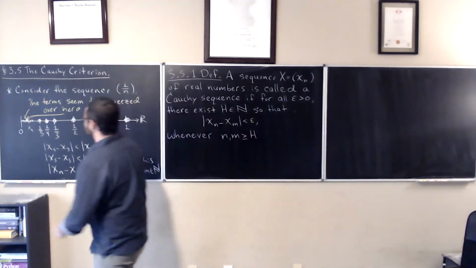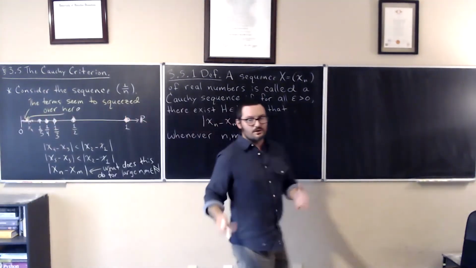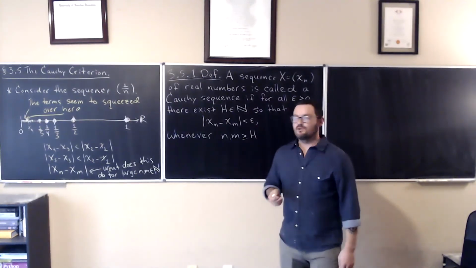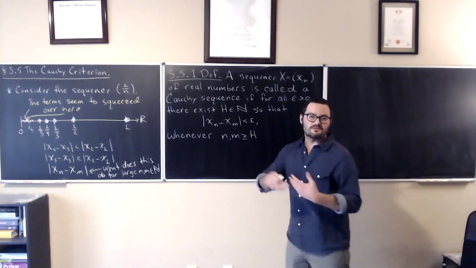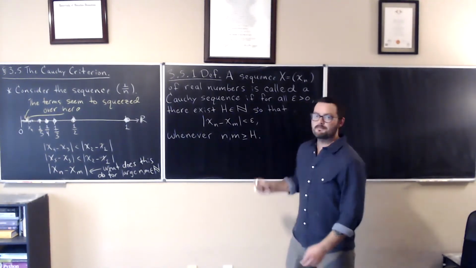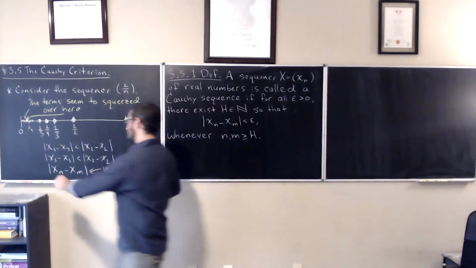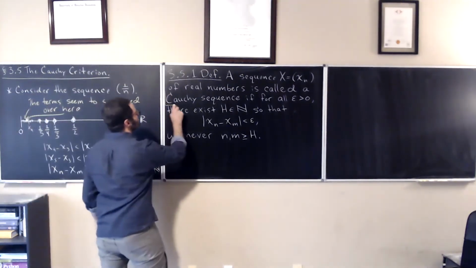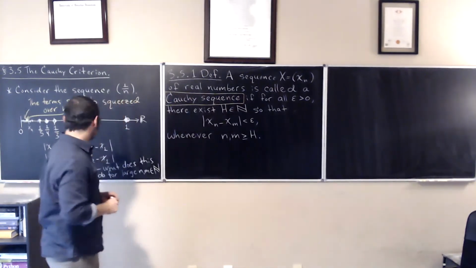In other words, when we're picking the indices of the sequence large enough, all of those terms get squeezed together at an arbitrarily small distance from each other. This is the definition of Cauchy sequences, a very important definition, especially for those of you wanting to go to graduate school.